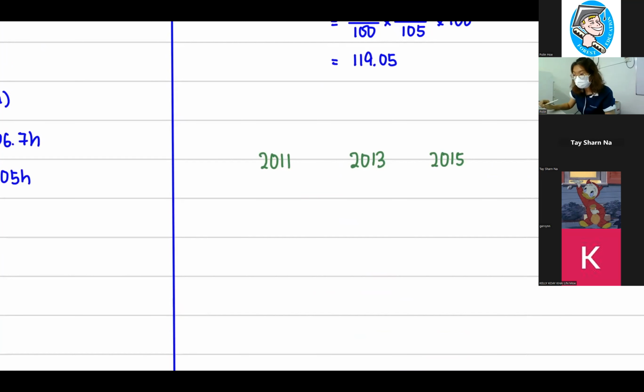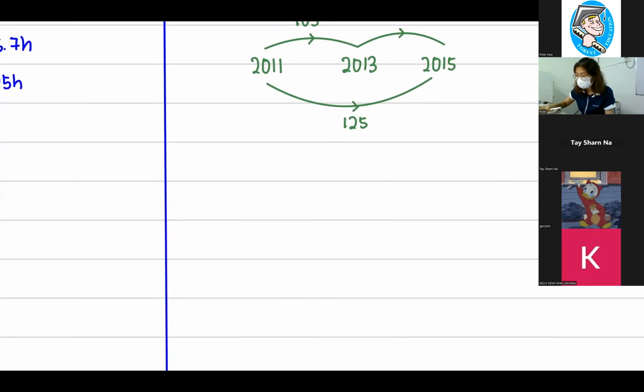For material B, 2013 based on 2011 is 105. Then 2011 to 2015, this is 125. This is what you want. You don't know? You let it be a name.